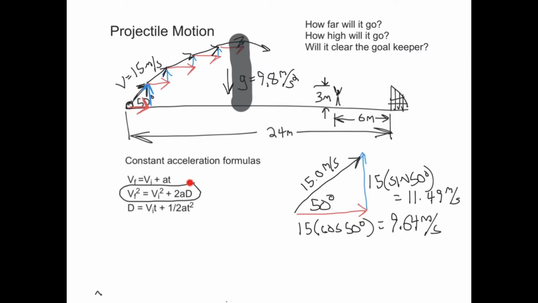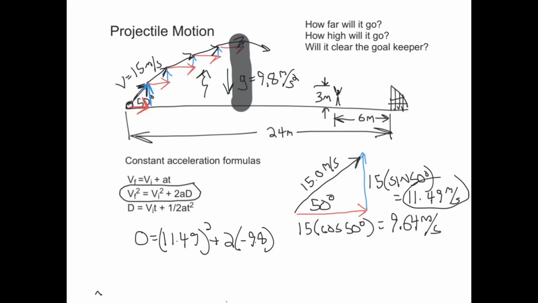So first, to find the height, let's zero in on this formula. And we're going to realize that in the y direction, the displacement is really height. And the final velocity in the y direction, as we noted earlier, is 0. So plugging into the formula, we take that final velocity to be 0. The initial velocity, which we square, is 11.49 meters per second. And we'll add 2 times the acceleration, which is the negative 9.8.